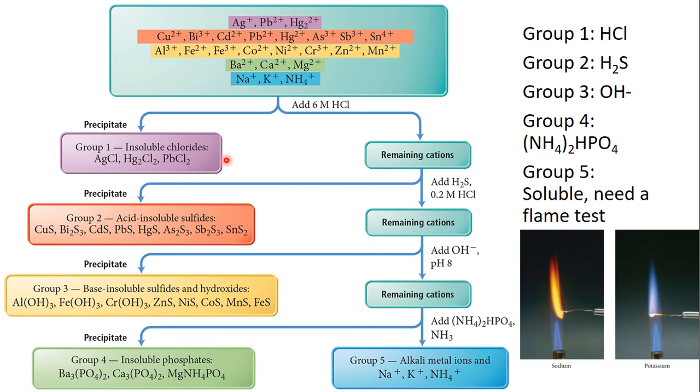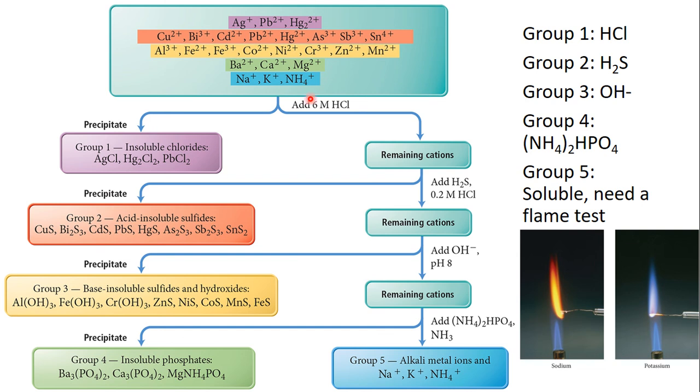Scientists have actually developed a scheme to do this. Here we have 5 different classes of cations, and they're all different colors because they'll all interact with different reagents.